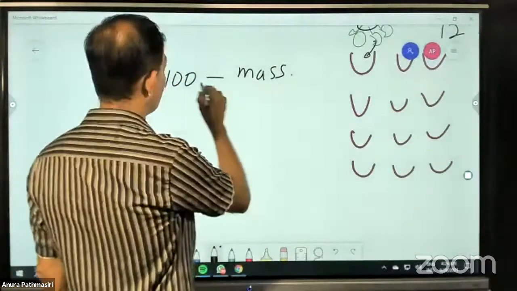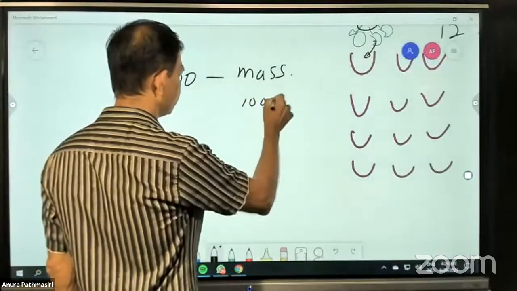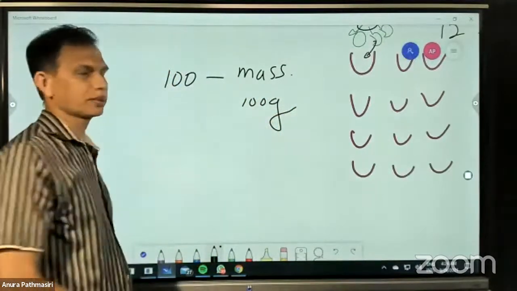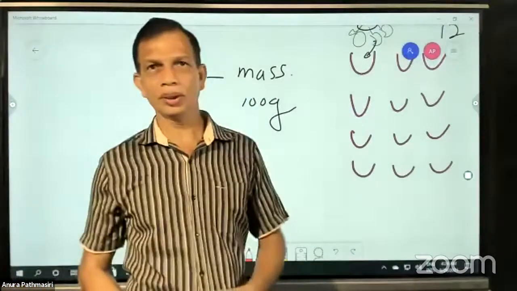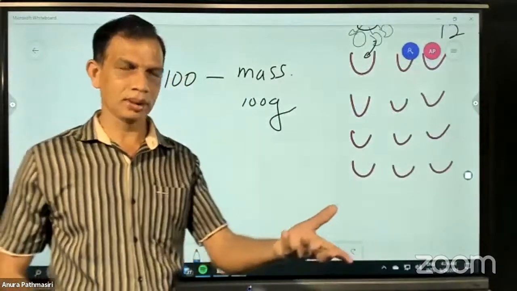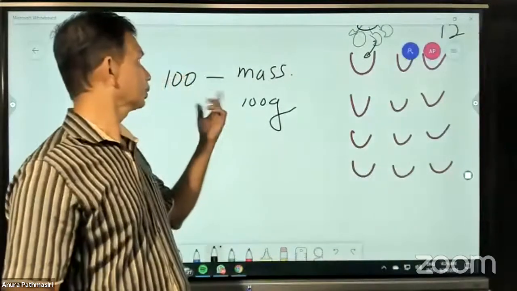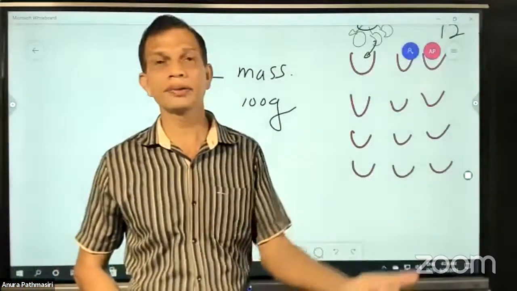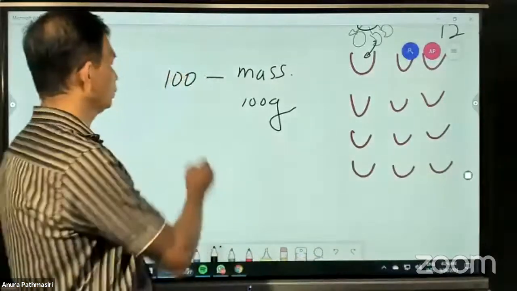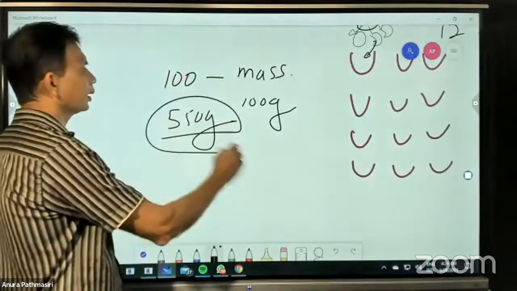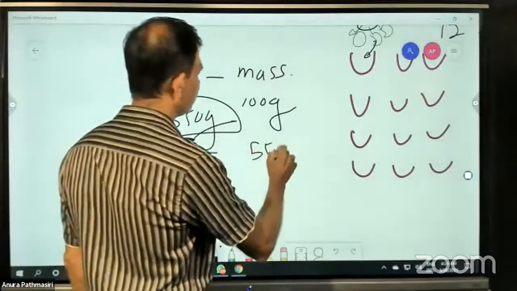If you say 100 gram, so you got 100 gram, 100 papers. So what you have to do is take the balance from the lab and then measure 550 gram. When you measure 550 gram, exactly there are 550 papers.